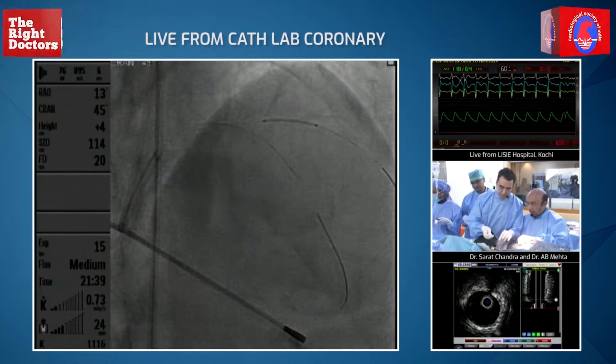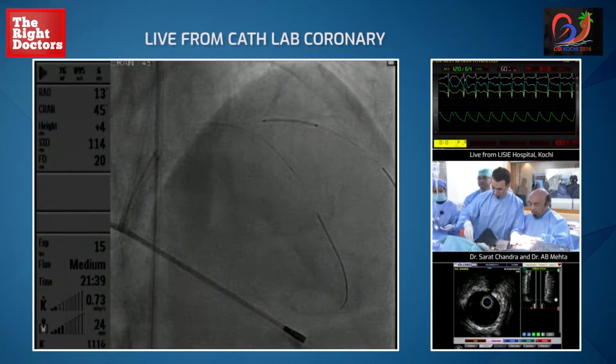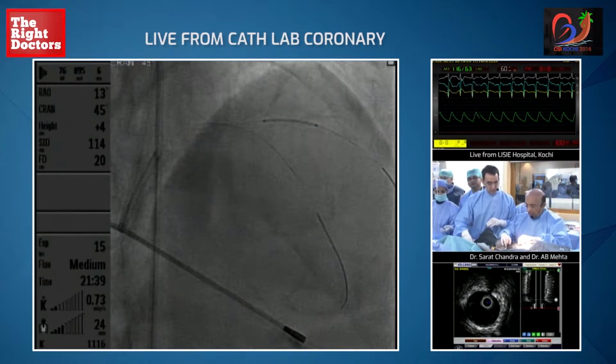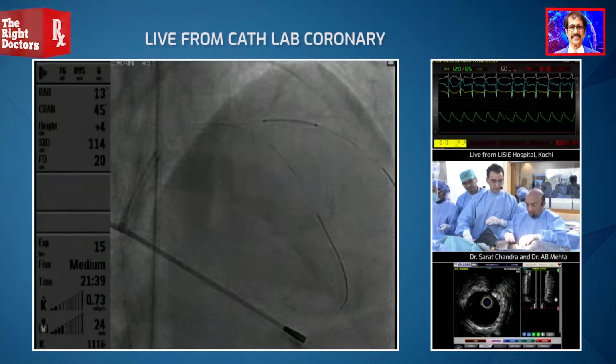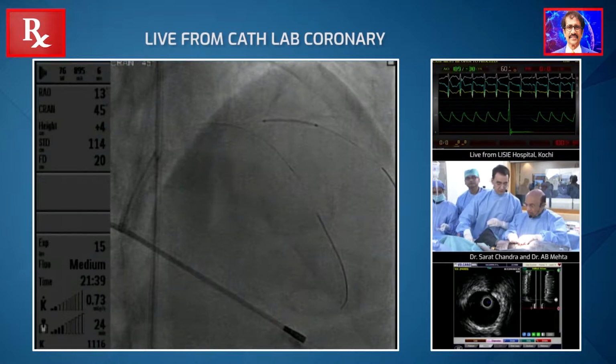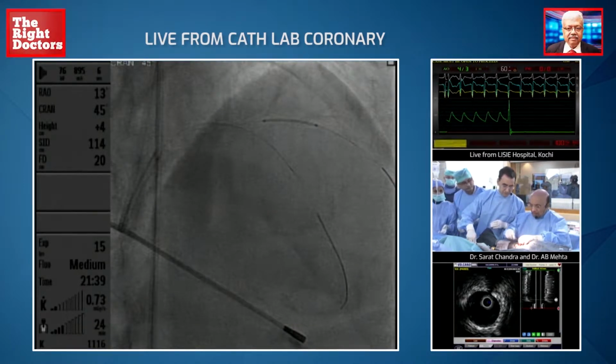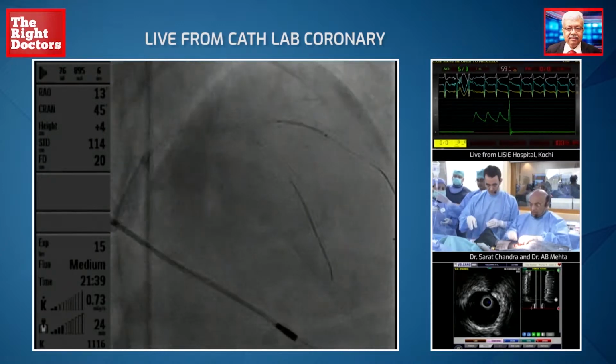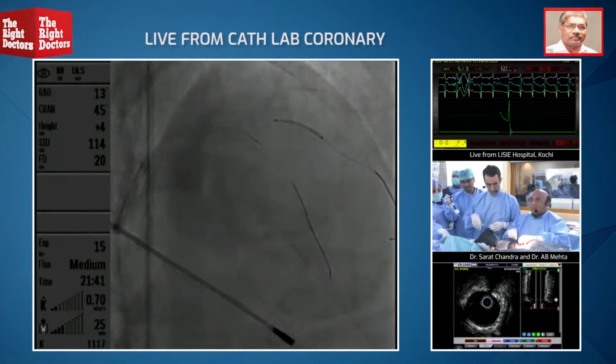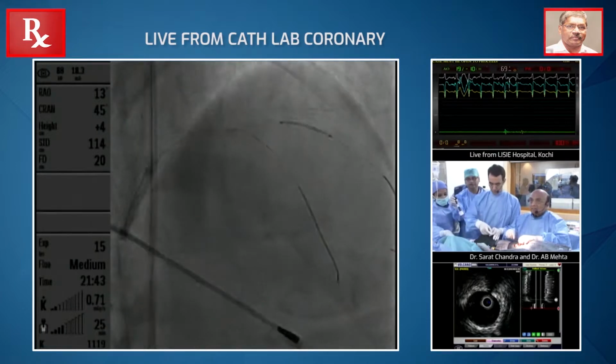Would you do an OCT to the right coronary artery just because you opened an OCT to the left side, or would you do that routinely? So we've got it, because we've got it, we're going to do it. I wouldn't do it routinely. I think from the angiographic appearance, we've put two 3.5 millimeter stents here, which we've post-dilated to high pressure.